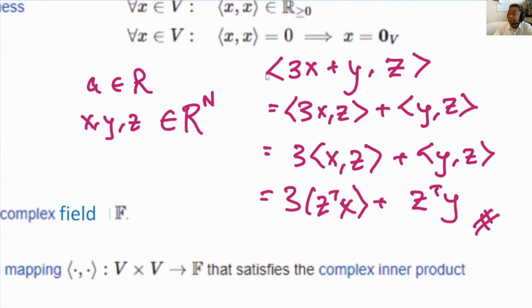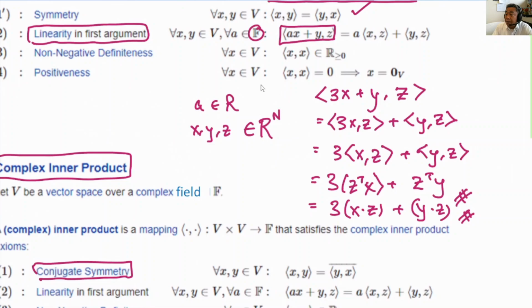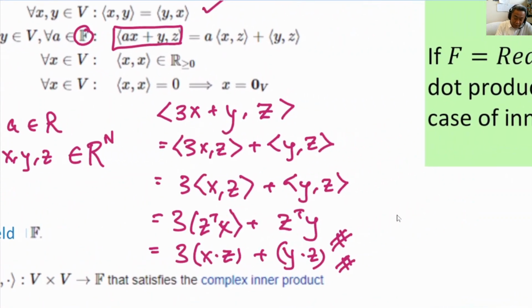Now you'll realize that if you substitute the dot product, then this property of linearity in the first argument is satisfied when you try to do it as 3x plus y dotted with z.